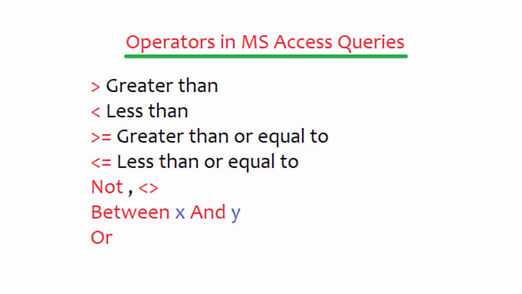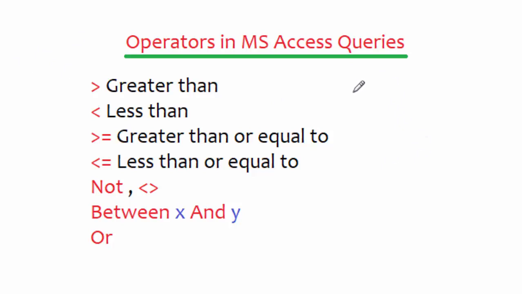Today I want to look at operators in MS Access and how they are used in data search. And we have a couple of them here. The first one is what we call the greater than sign. This one is very important because if you have a list of values and you want to filter only the data which has a certain value or above, then you will have to use the greater than sign.